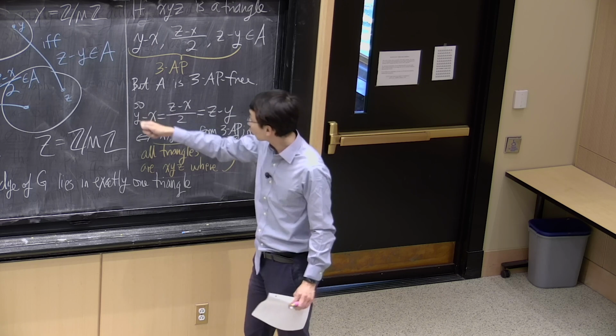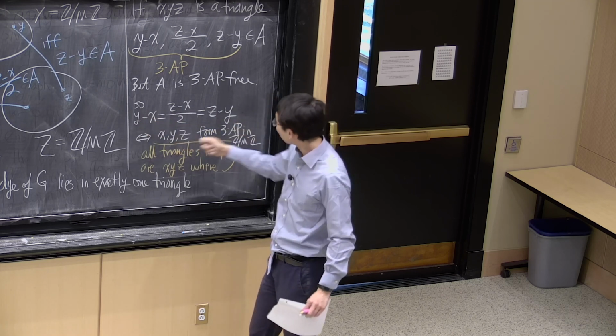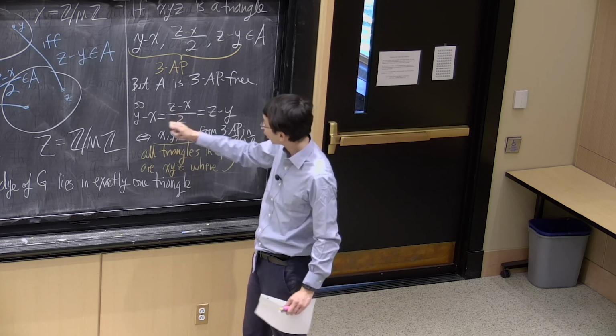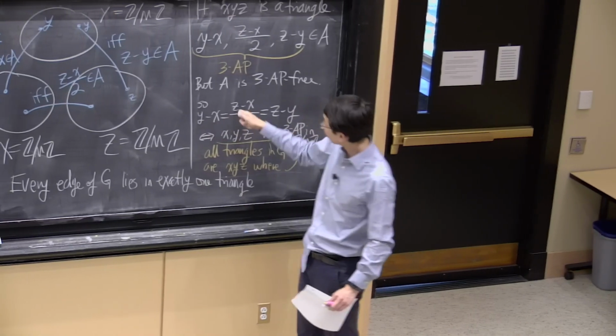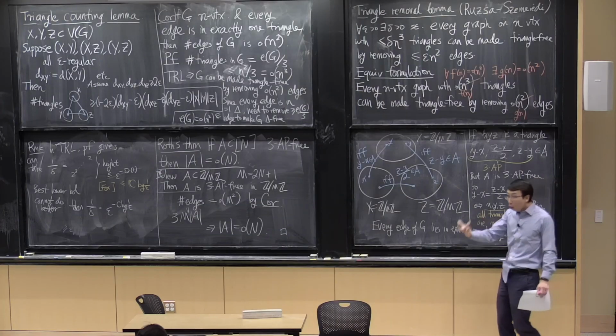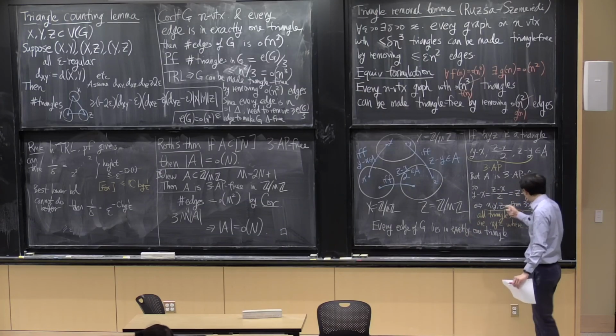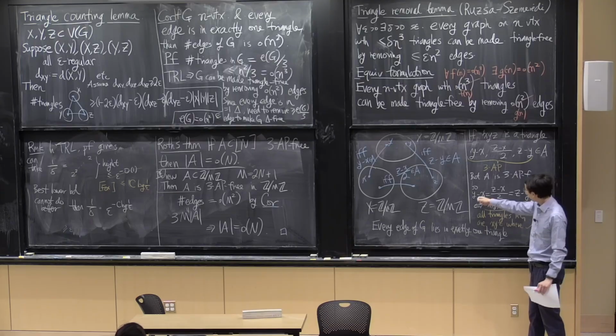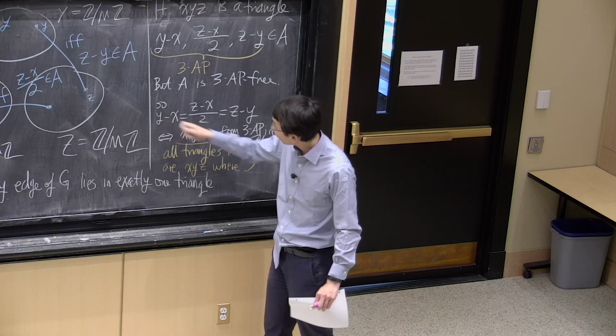And this equation is true if and only if XYZ form a 3AP in Z mod M. So if you just read out this equation, I have to give you X and Y. What is Z? Well, all the triangles XYZ are precisely given by 3APs where one of the differences, Y minus X, is in A.